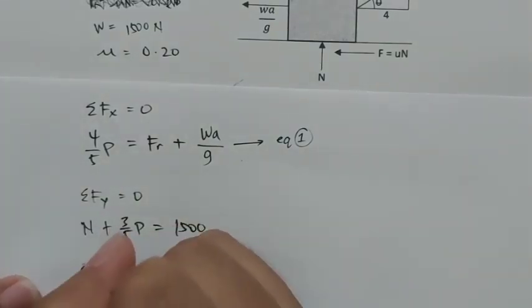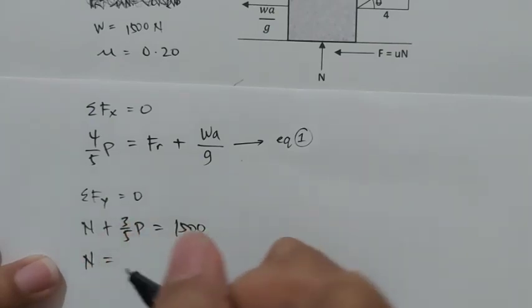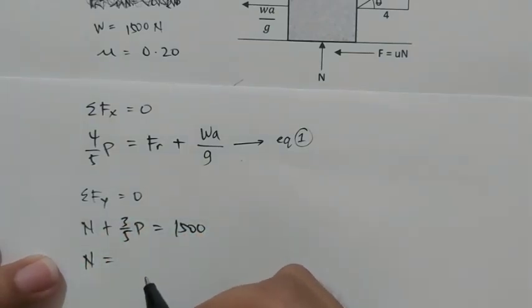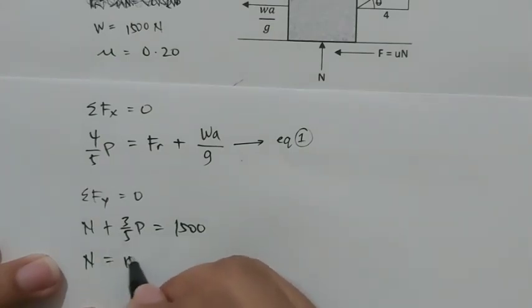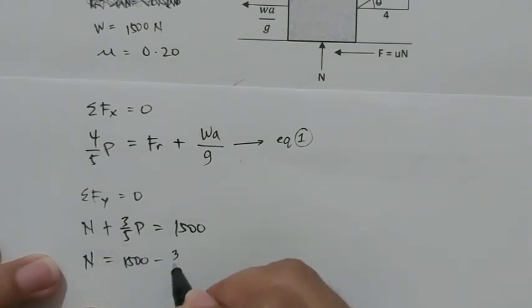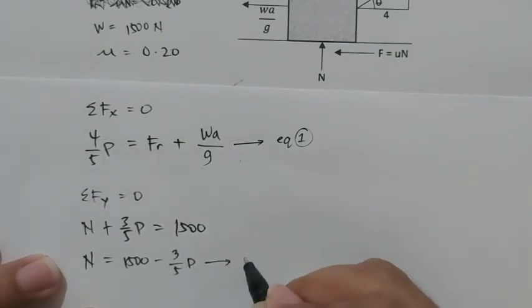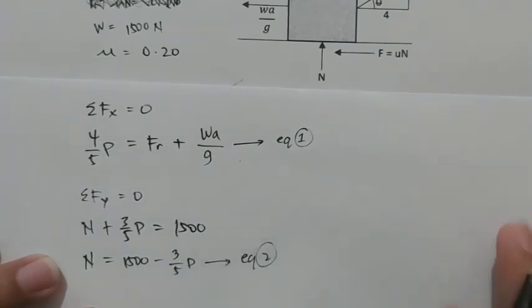So therefore we can see that N is equal to, so transpose lang natin yung 3 over 5 P. So we have 1,500 minus 3 over 5 P.